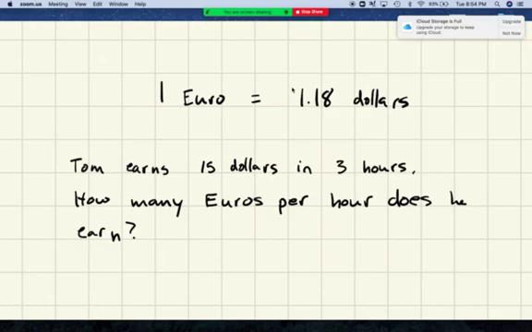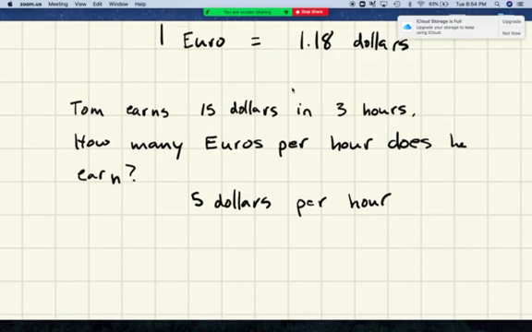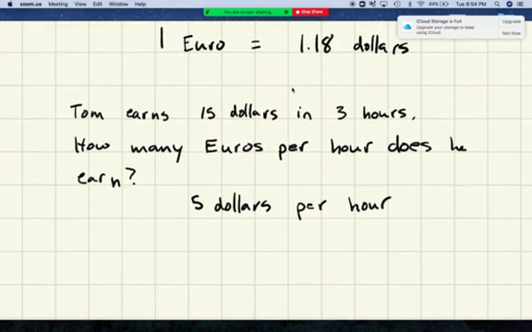So I divided the 15 by 3, right? It's $5. That's how much he makes an hour. Okay, so $5 per hour. And then I did 5 times 1.18, and I got 5.9, which I don't know.